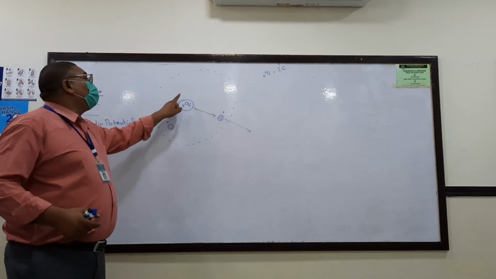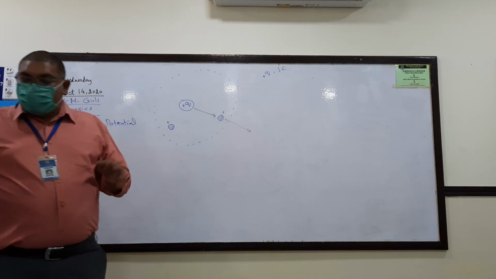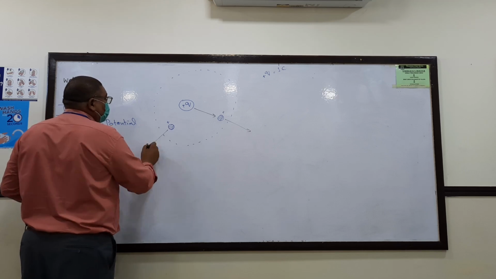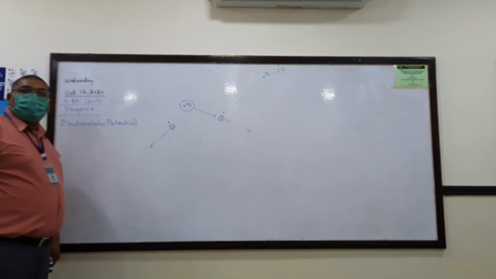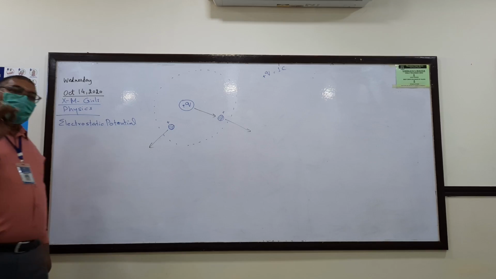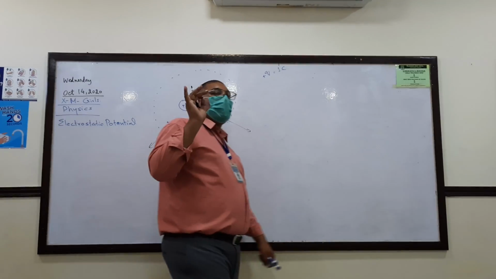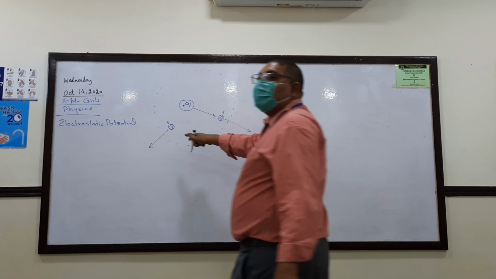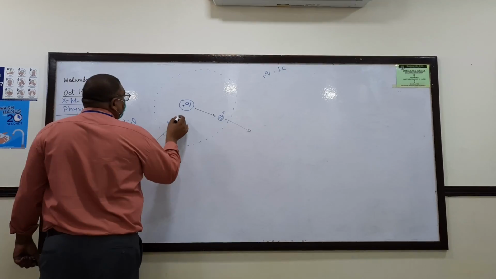Because it's positive and the main charge is also positive, they will repel. It will be repelled, so it will go in this direction. It means that the direction of the electric field at this point is in this way.